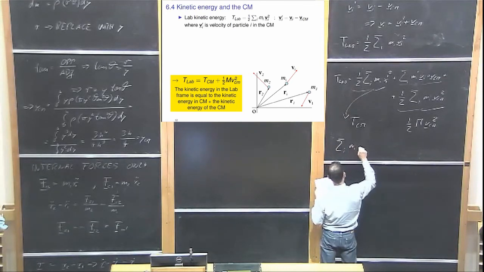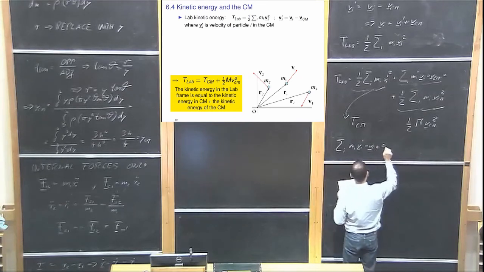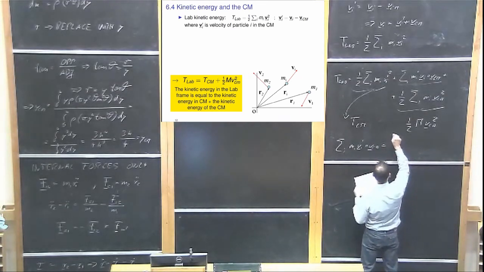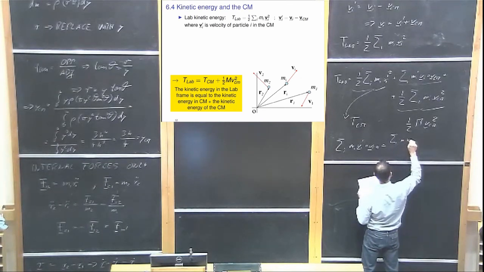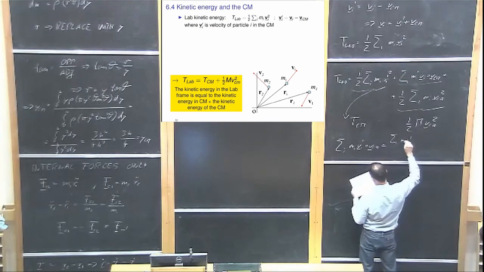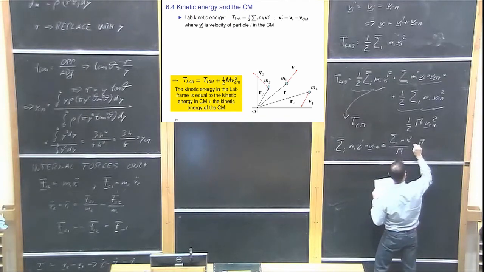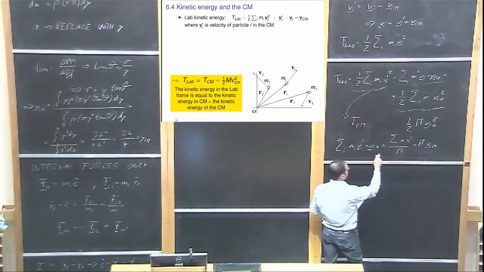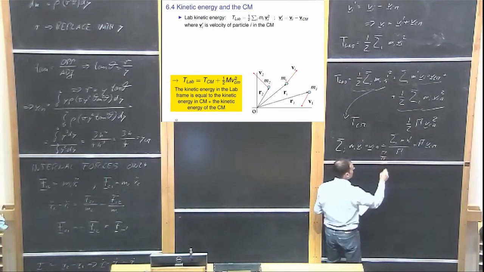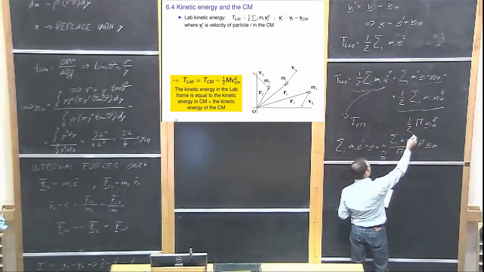So we have m_i v_i prime dot V_cm. Just gonna rewrite that a little bit so it becomes a little bit more apparent. I take the sum over m_i v_i prime over M, dot M V_cm. I've just multiplied that by M over M. So those would cancel out, but I've done that to highlight that.